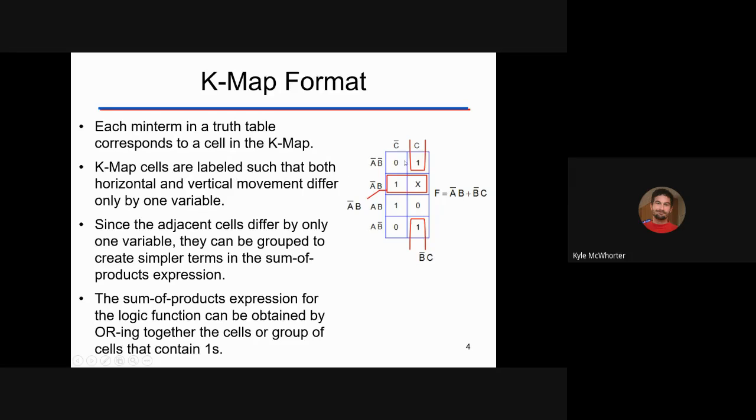K-map cells are labeled. The labeling of a K-map cell is super important. From one cell to the next, the variable can only differ by 1.